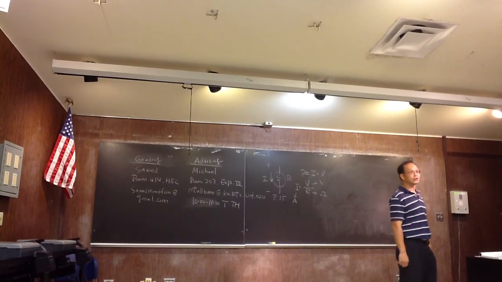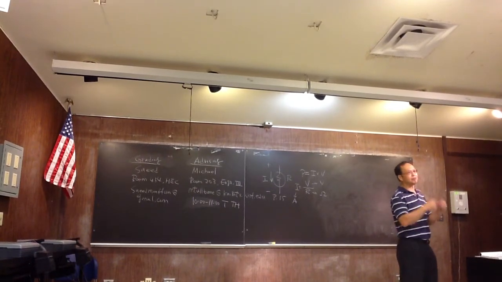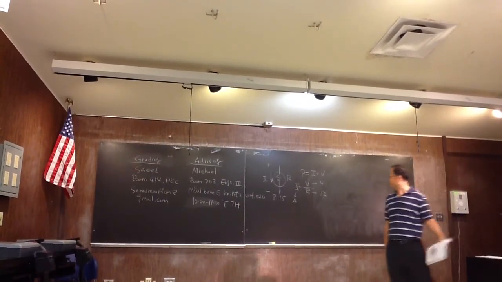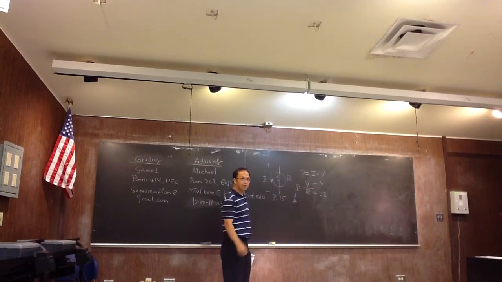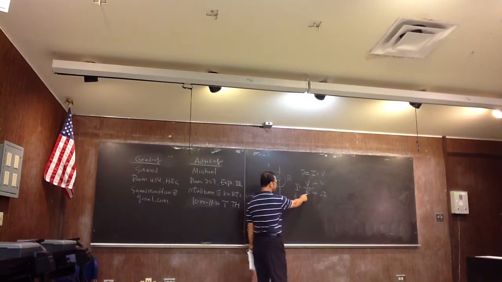There's no such thing as 0 resistance. But if you have a piece of metal, then normally we say the resistance is almost 0. So that means if you have a voltage across just a piece of wire, the current will be very large, because this is almost 0.